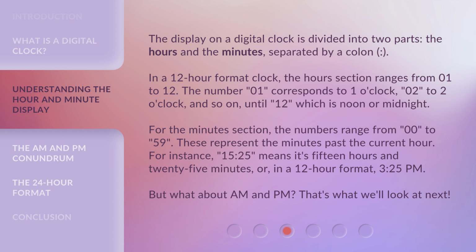For the minutes section, the numbers range from 00 to 59. These represent the minutes past the current hour. For instance, 15:25 means it's 15 hours and 25 minutes, or, in a 12-hour format, 3:25 p.m. But what about AM and PM? That's what we'll look at next.